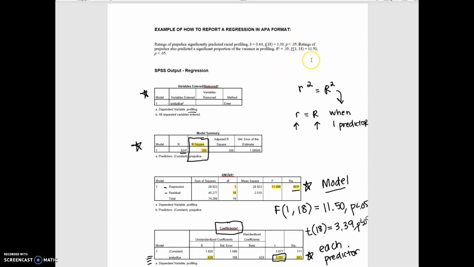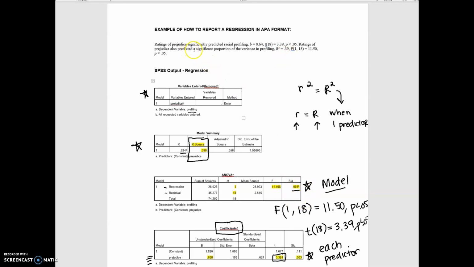Next sentence, that's also part of our reporting of the regression, is ratings of prejudice also predicted a significant proportion of variance in profiling. Remember, r squared, or the coefficient of determination, indicates the proportion of variance that is accounted for. In this case, r squared is accounting for 0.39. And it was significant because we saw that it was significant here.